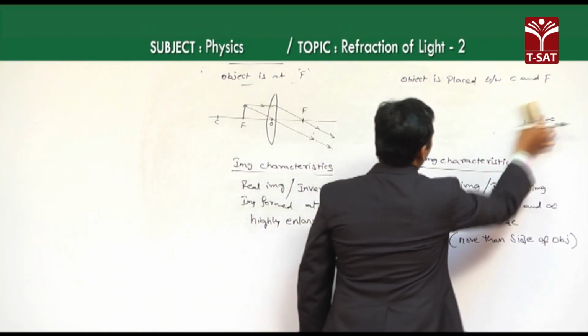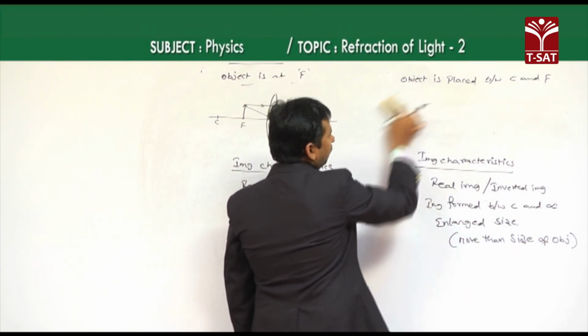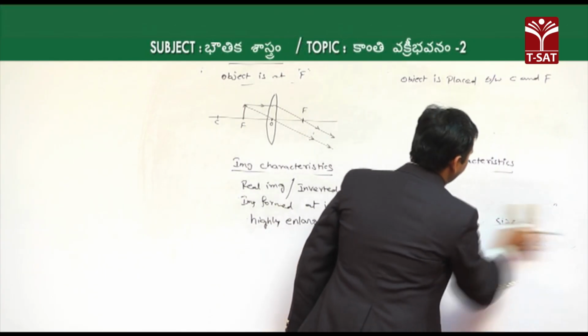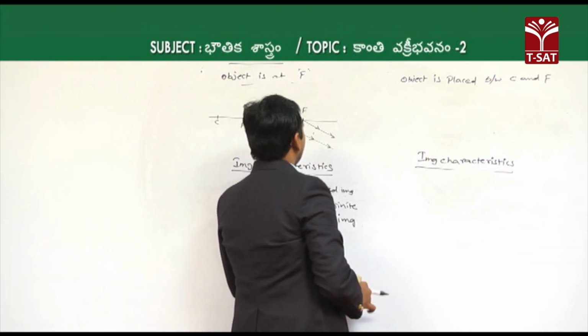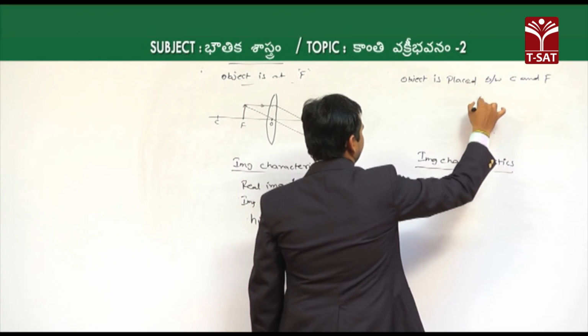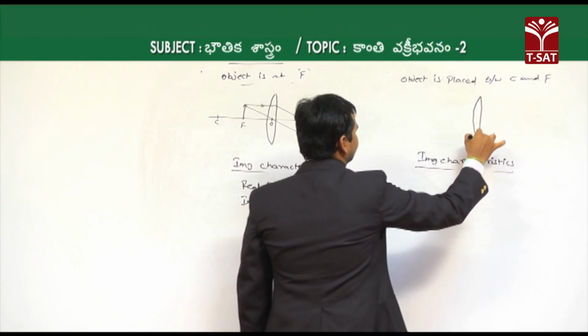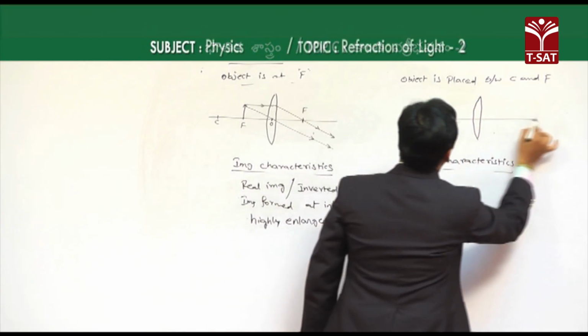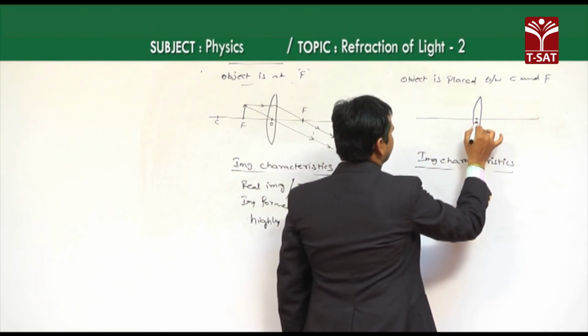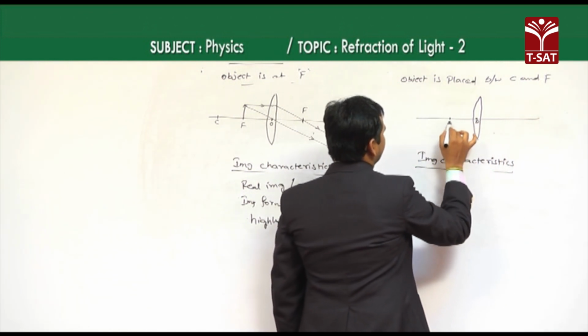If we bring the object much closer, we get a special case. Now see, the object is very much closer to the lens. Again this is the optic center, and here we have the focus.